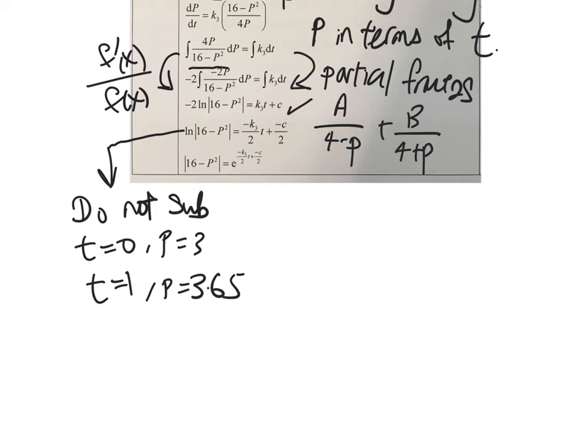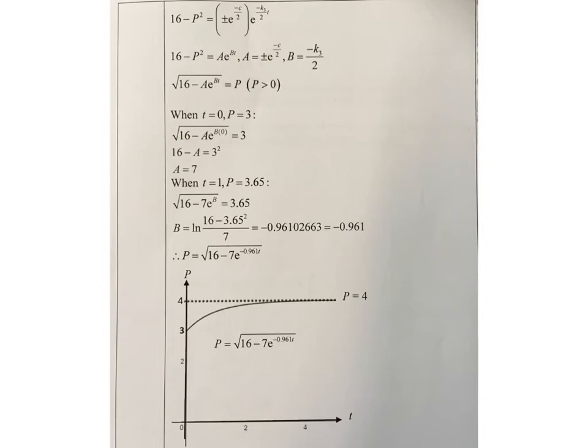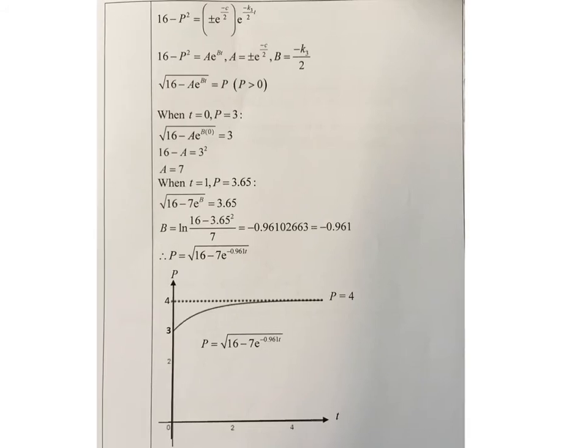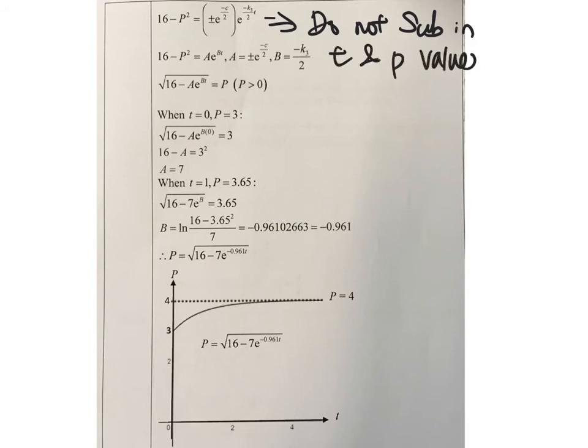So likewise, even after you have opened up your ln, remove your ln by applying exponential, you still have your plus minus. Do not, again I repeat, do not sub in your T and P values here.